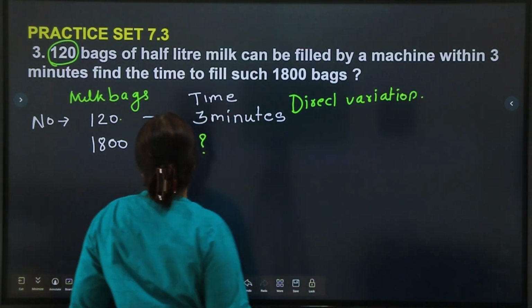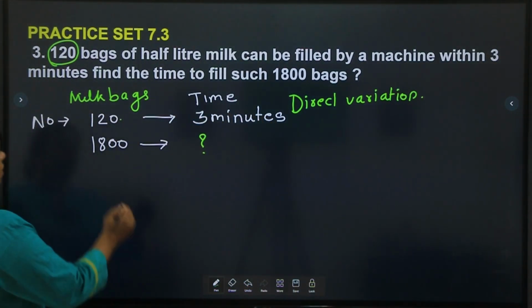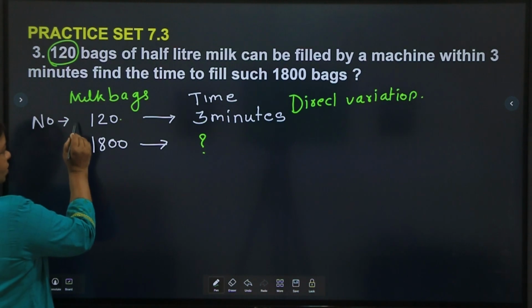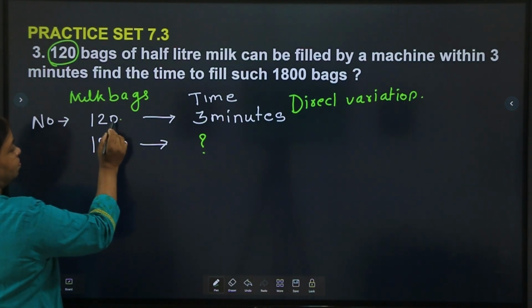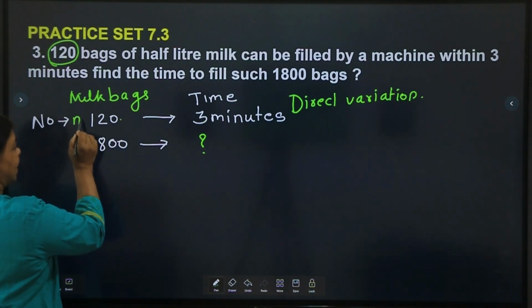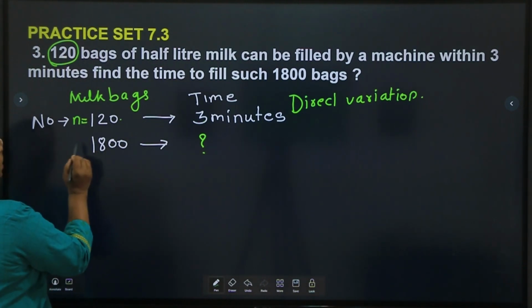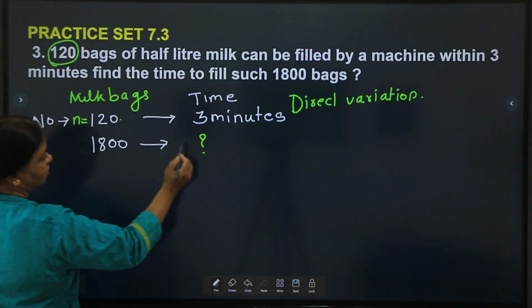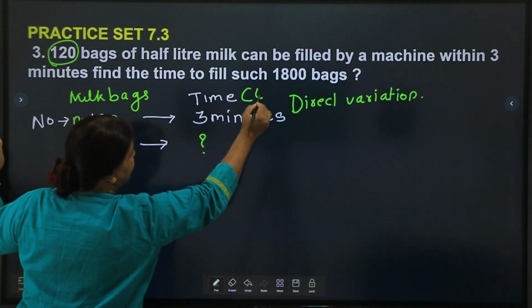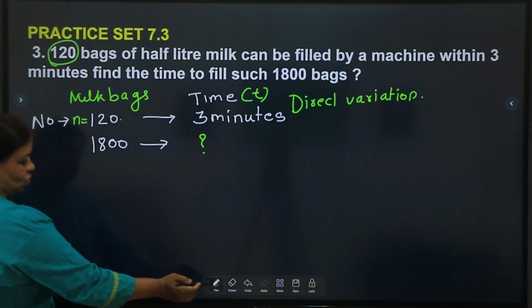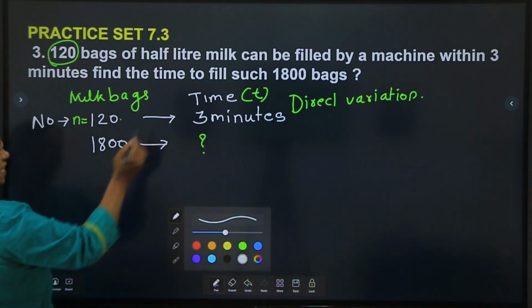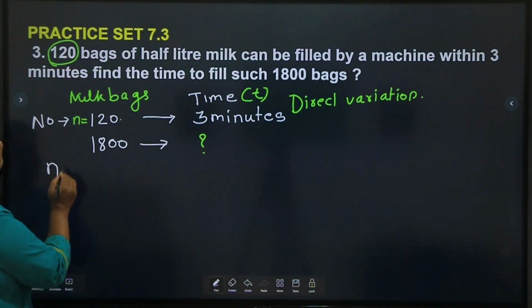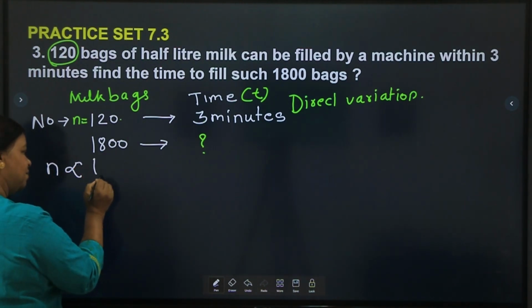Okay. In direct variation, the number of milk bags we have to assume, let it be n. Time taken we have to assume, let it be t. So we can write here, if it is a direct variation, n varies directly to t.